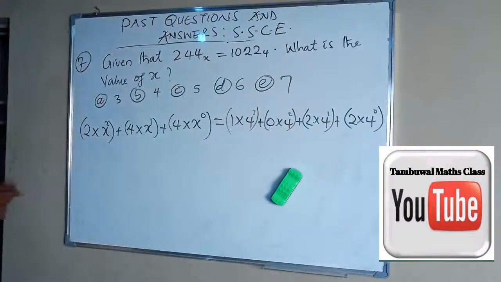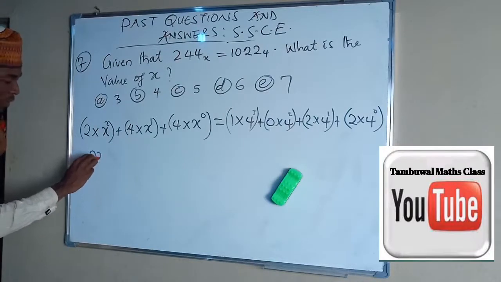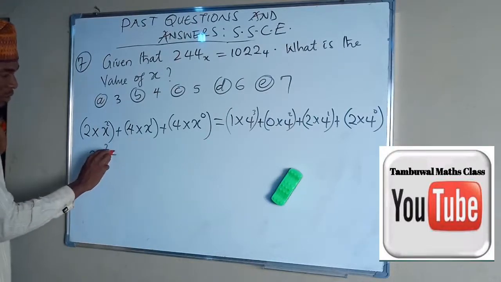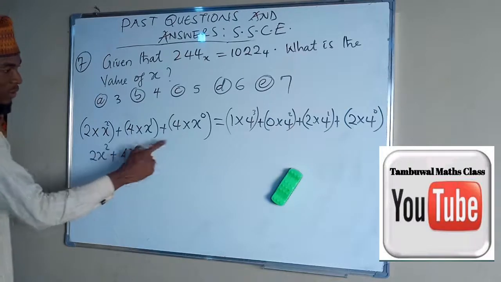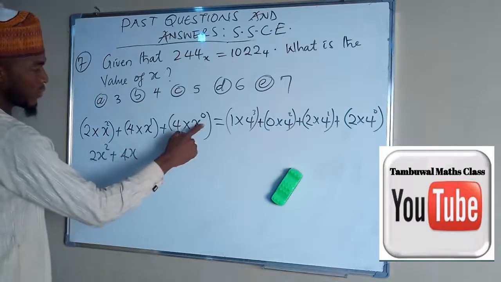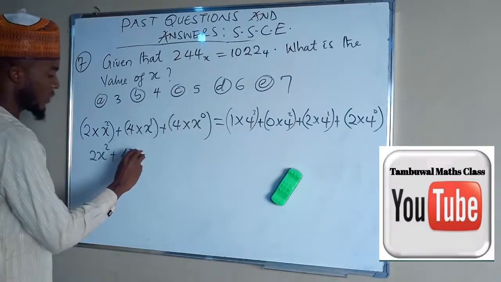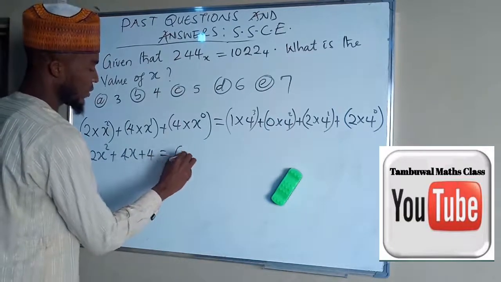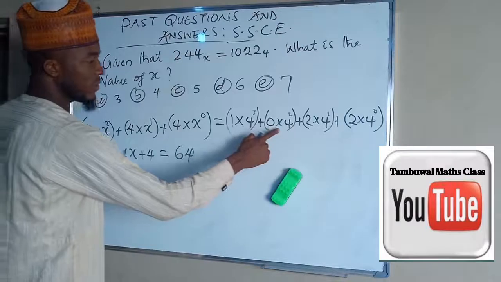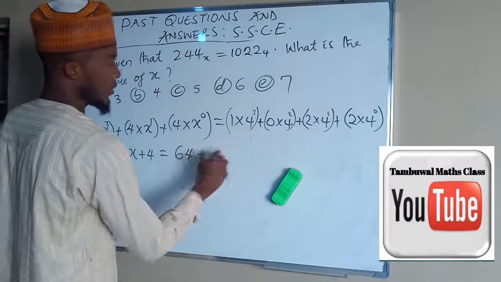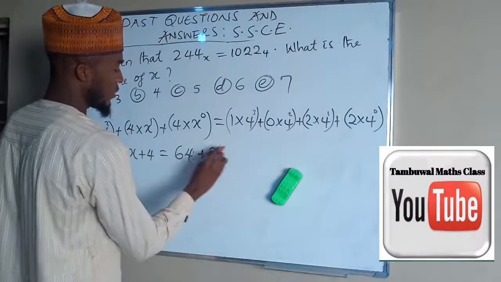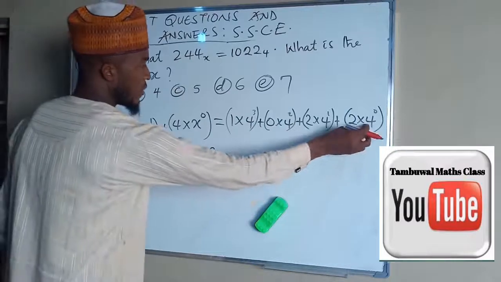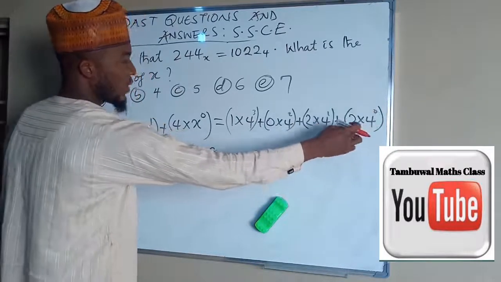Then let us simplify. Here we have 2x squared plus 4x plus 4, because a number raised to the power of 0 is 1, so we have 4 here. This equals 64 times 1 is 64. This is 0. This is 8. And this is 4 raised to the power of 0 is 1, times 2 is 2.